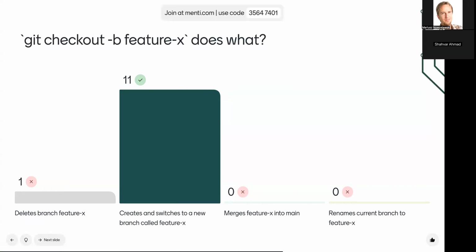It's a little bit weird from a usability point of view. But the thing is, who created Git? Do you know? Yeah, Linus, the same guy who created Linux.